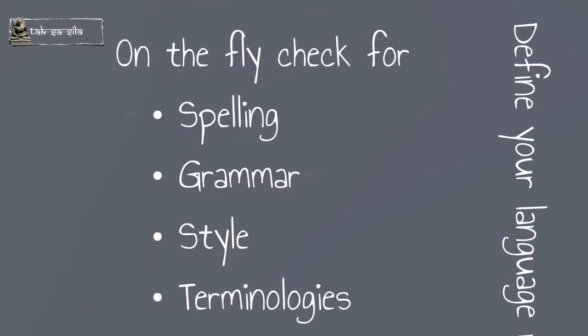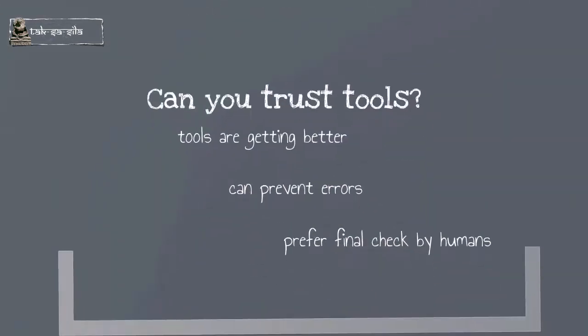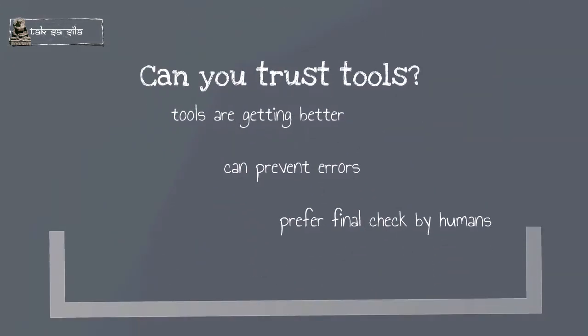The tool will, on the fly, check your documents for spelling, grammar, style, and terminologies. The question is, can you entirely depend on a tool to ensure that your documents are devoid of any language errors? Well, with better tools you can prevent such errors from happening, but personally I would still like a human being do a final check on my documents.